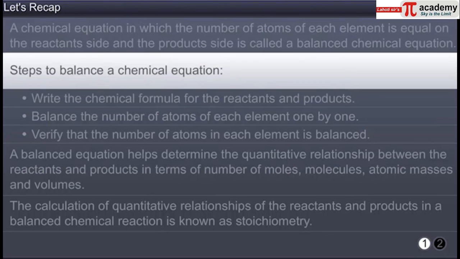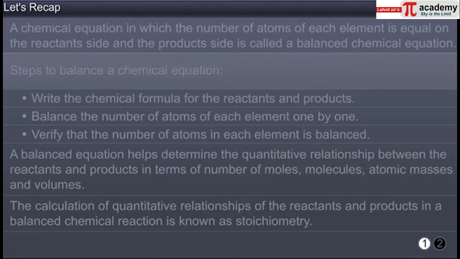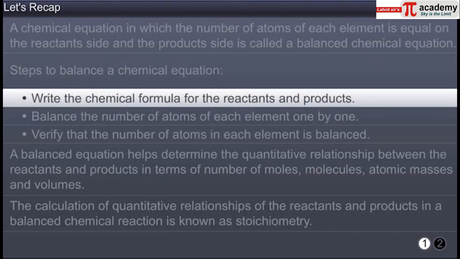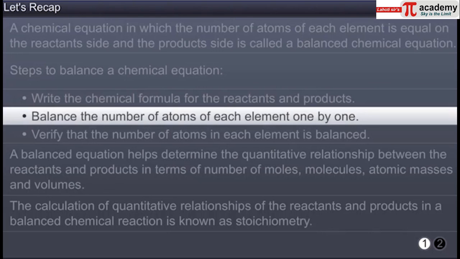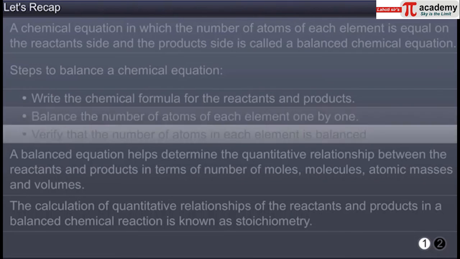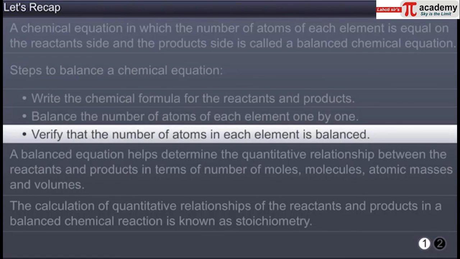The steps to balance a chemical equation are: write the chemical formula for the reactants and products, balance the number of atoms of each element one by one, and verify that the number of atoms in each element is balanced.